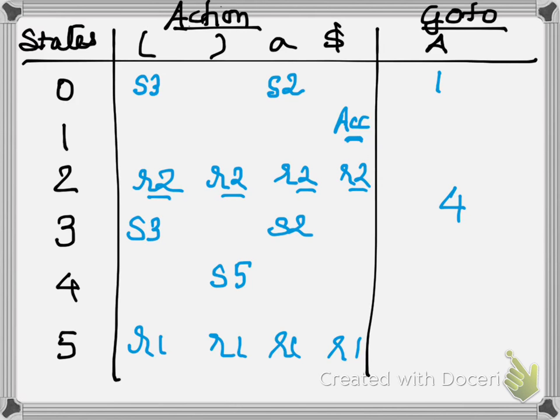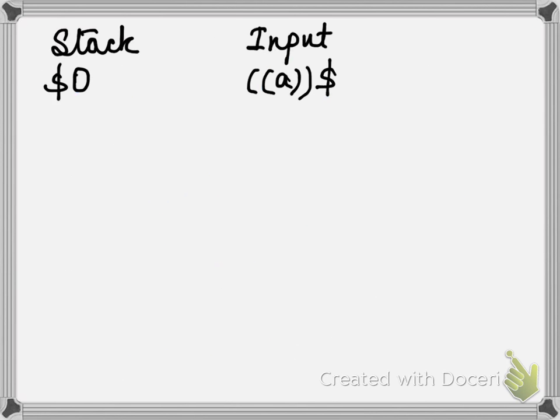Very quickly, let us take an example and see how this parsing will work. So here I have an input and I have the stack. The input is opening parenthesis, opening parenthesis, A, closing parenthesis, closing parenthesis, dollar. In the stack I have dollar, that is, the empty stack starts with dollar, and it will have the start state 0.